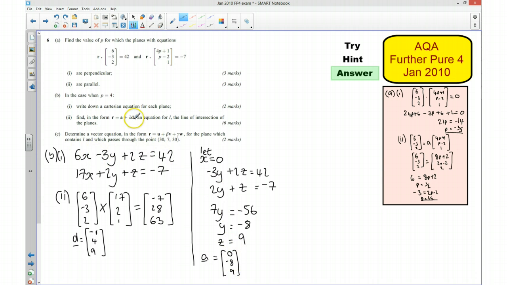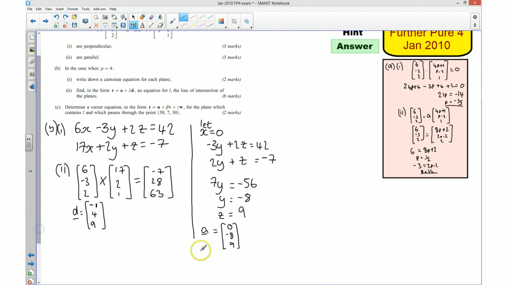Okay, so now I'm ready to write down the equation of the intersection. It's going to be r is equal to 0, negative 8, 9 plus lambda times negative 1, 4, 9. And there you go.